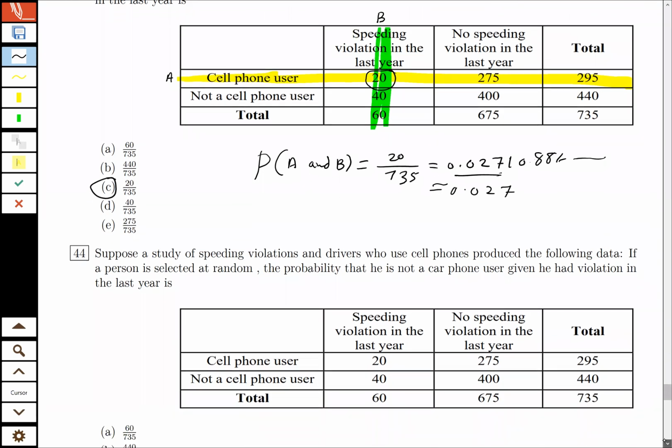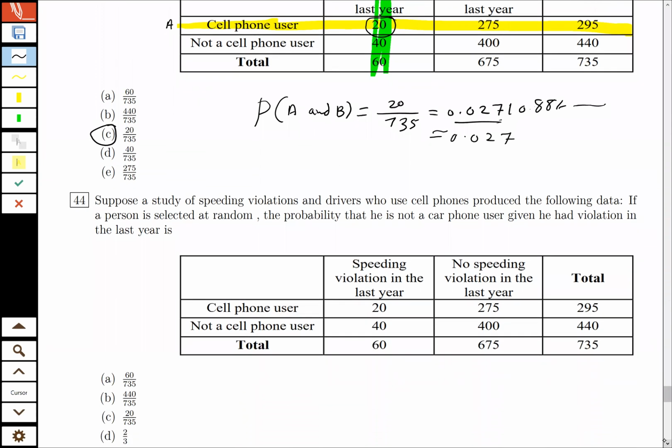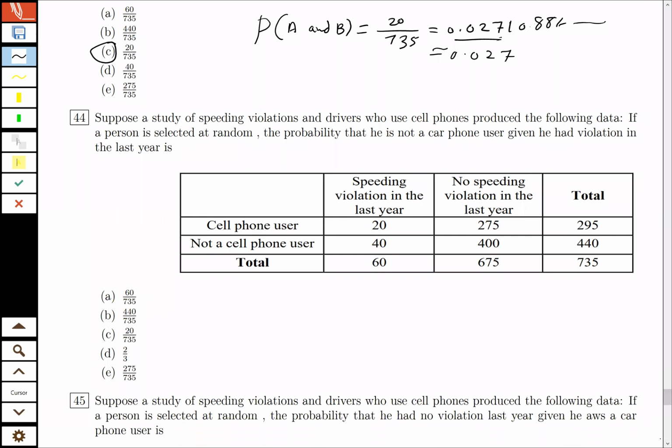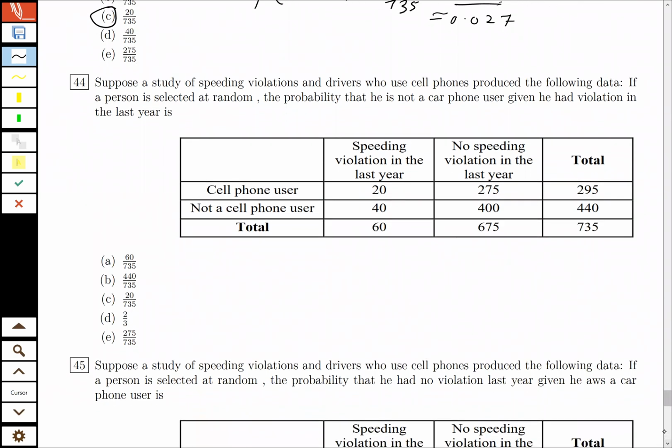Question number 44. It says here, again, it's the same data, only the wanted is the probability that is not a phone user given he had a violation.